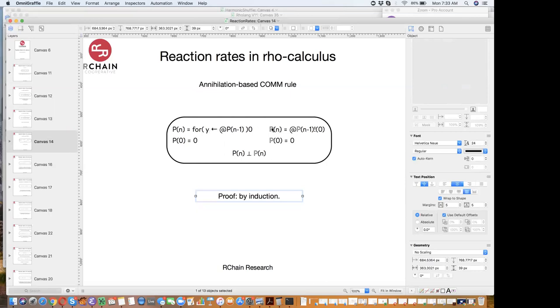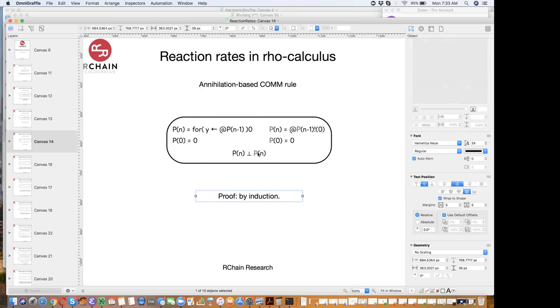Likewise, hollow P or negative P of n is equal to @P of n minus 1 sending 0. And you bottom this out so that P of 0 is equal to 0 and negative P of 0 is equal to 0.